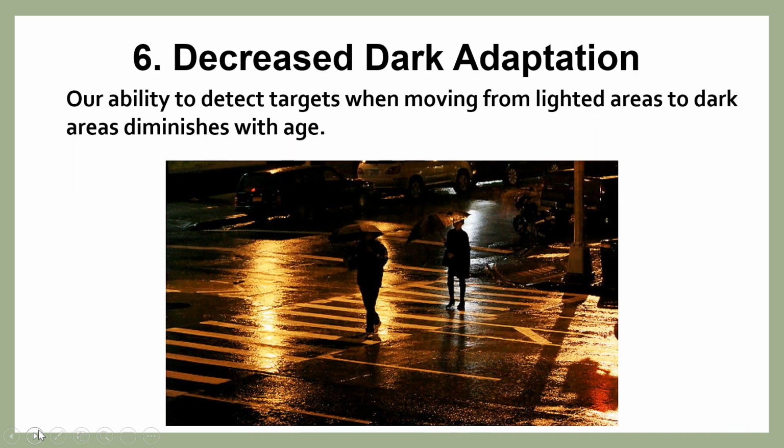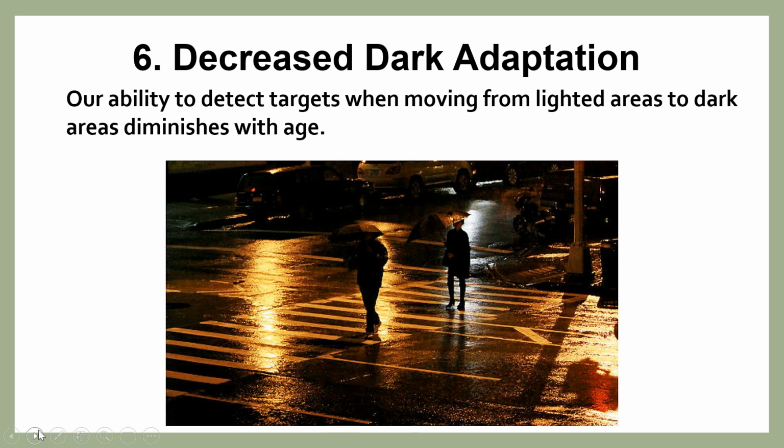And then lastly, the ability to adapt from going to lighted conditions to dark conditions. These could be examples where we may have street lighting, and then go into an area where we don't have street lighting, or perhaps an intersection that is lit, and then once we leave the intersection, we go back to an area that is unlit.